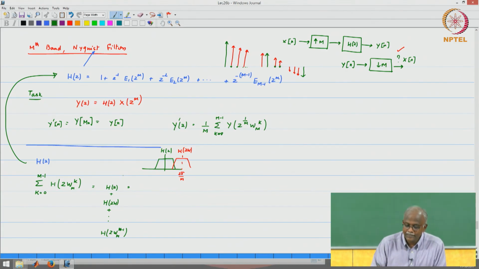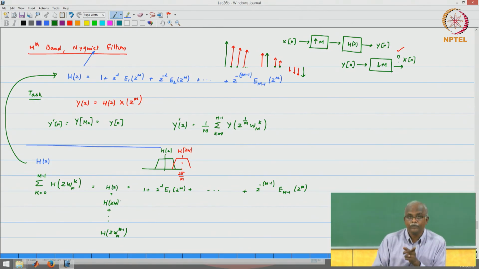H of z is what? 1 plus z inverse E1 of z power m plus dot dot dot plus z power minus m minus 1 E m minus 1 z power m.